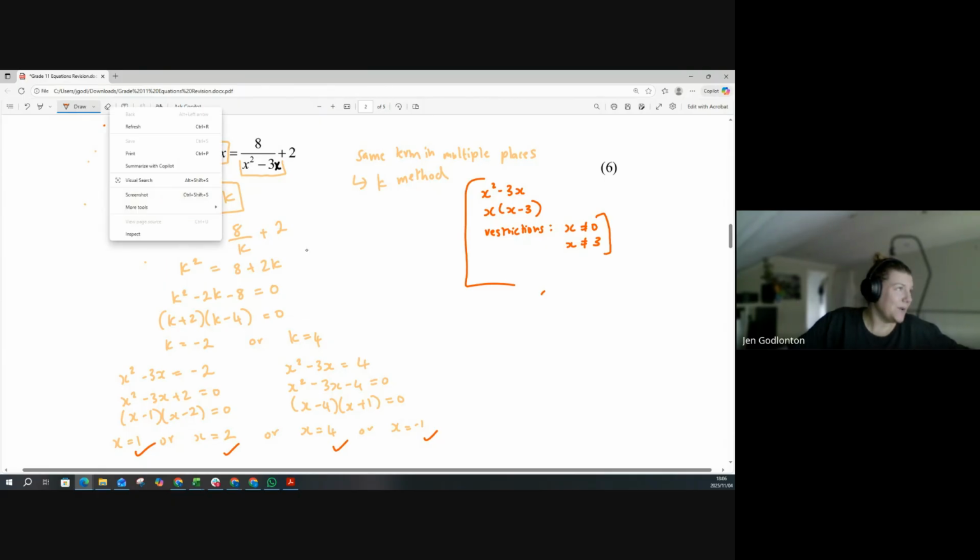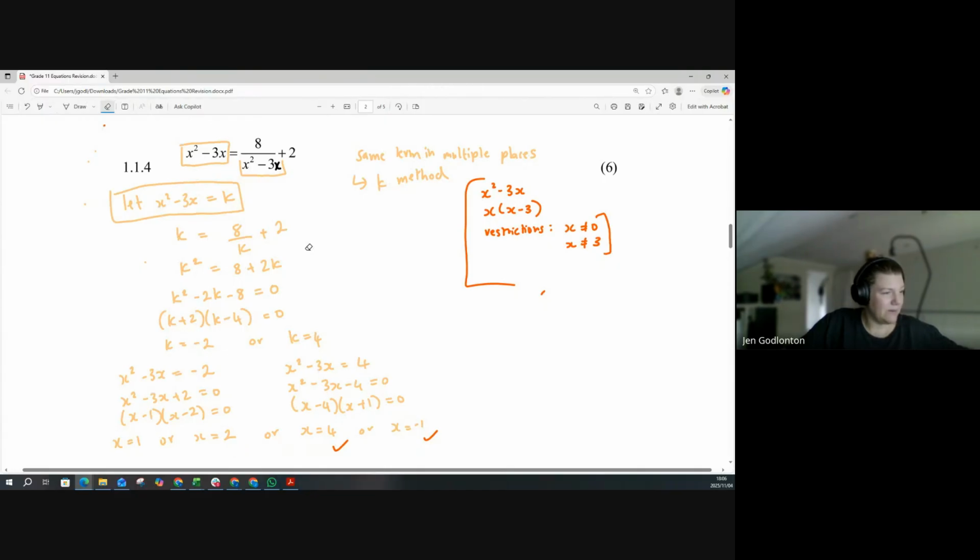Now, for this one, the marks are a little bit sassy. So let me show you where you would get your marks. You would get a mark for getting it to this point over here. So your k squared minus 2k minus 8, you would get a mark there. Get a mark for doing your factorization. You would get a mark for putting both of them in the standard form.